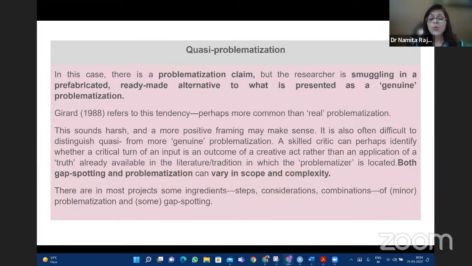It is you who has to decide which way you need to find out the gaps and frame your questions. In most projects there are some ingredients, some steps, some considerations, some factors, some combinations of major and minor.